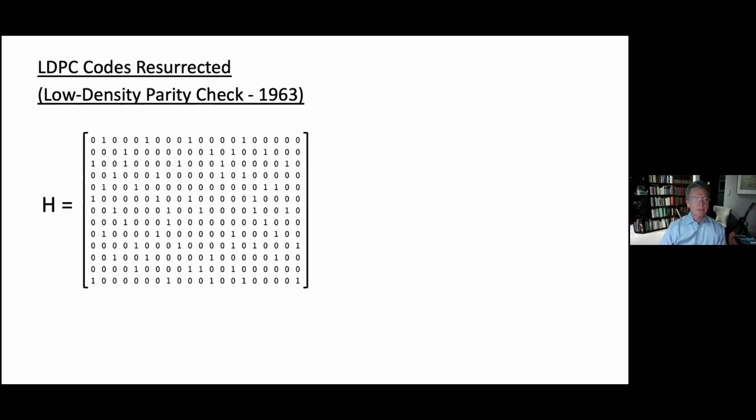So here's a low density parity check code. This is work of Bob Gallager in his PhD thesis. And low density just means in a big parity check matrix defining the parity checks that operate on the bits of the code, you have very few ones.